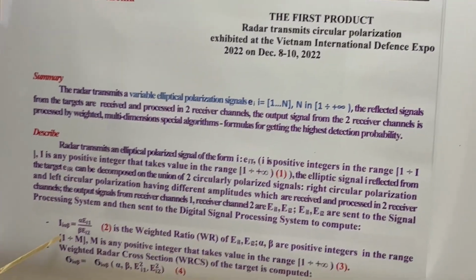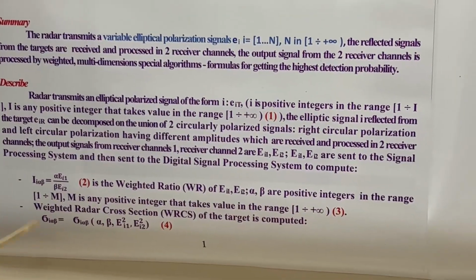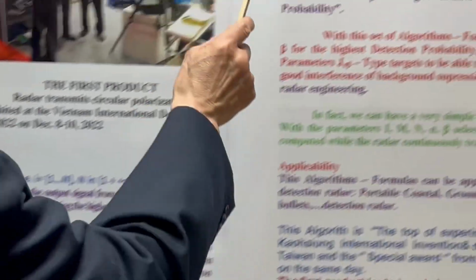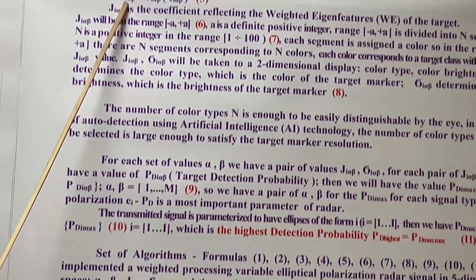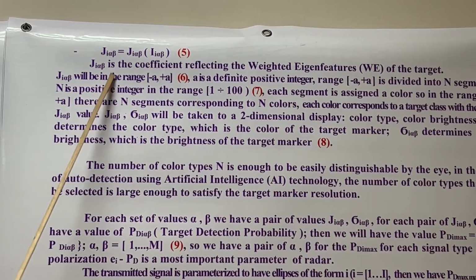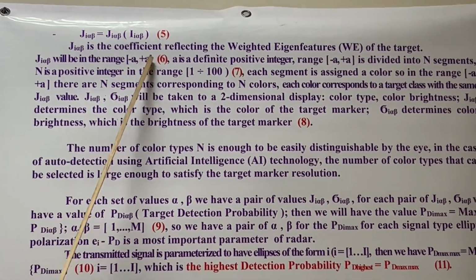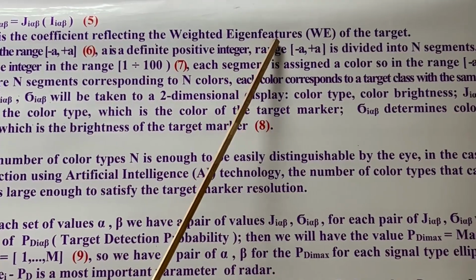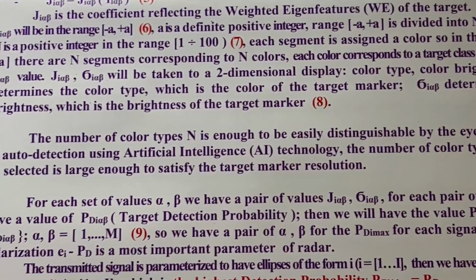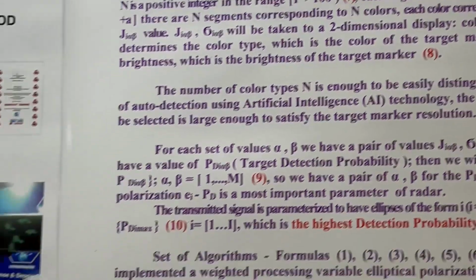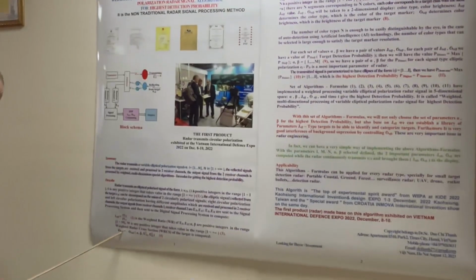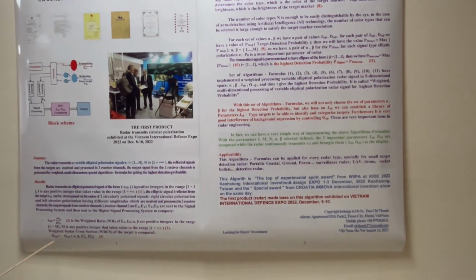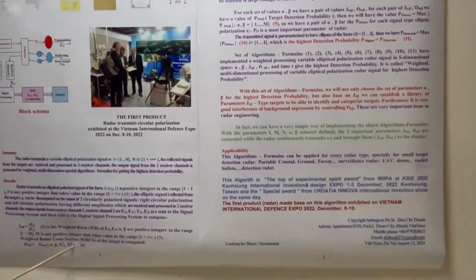And you will see there are two very important parameters. The first is G alpha beta. G alpha beta is the coefficient reflecting the weighted polarization feature of the target. And the second is the weighted radar cross section of the target, computed by this formula.